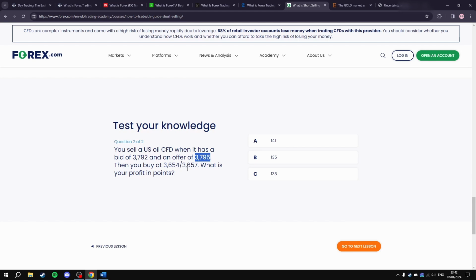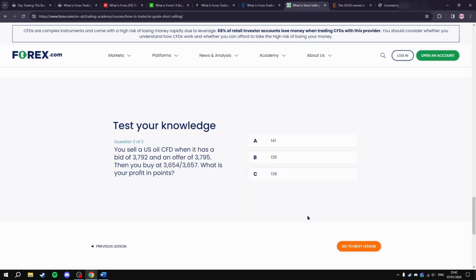So buy is that. What is your profit in points? 795 minus 657. What's that?